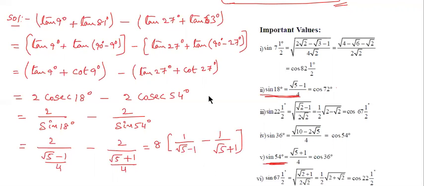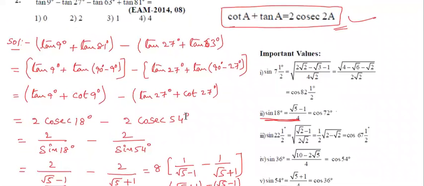So here take the LCM. In the denominator, root 5 minus 1 into root 5 plus 1, A minus B into A plus B, A square minus B square. And here will come root 5 plus 1 minus, here will come root 5 minus 1.